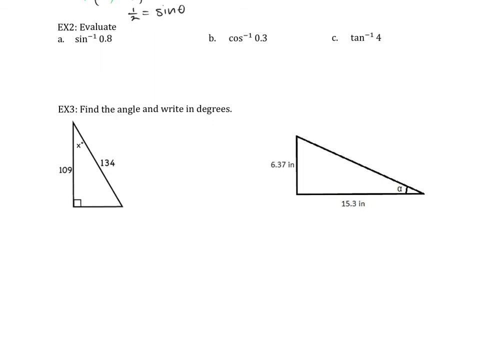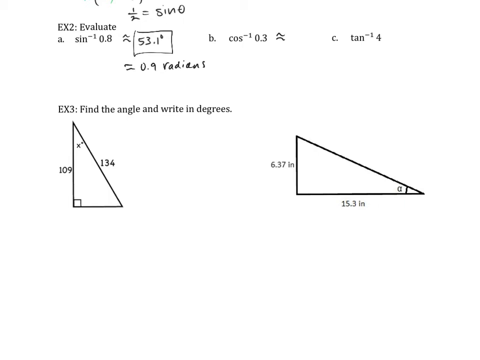So you can just type this in and you'll get approximately 53.1 if you're in degree mode, and if you're in radian mode, that would be about 0.9 radians. Usually for the applications, we just typically use degrees a little bit more.